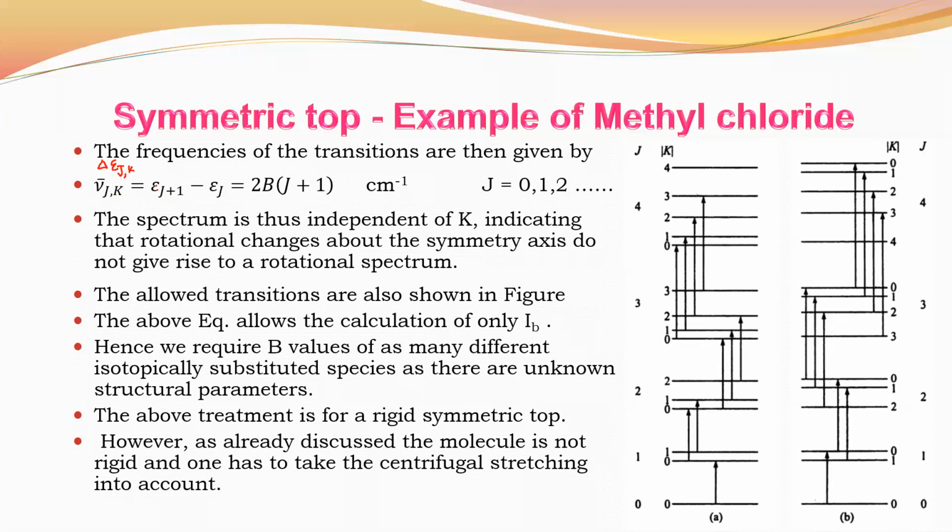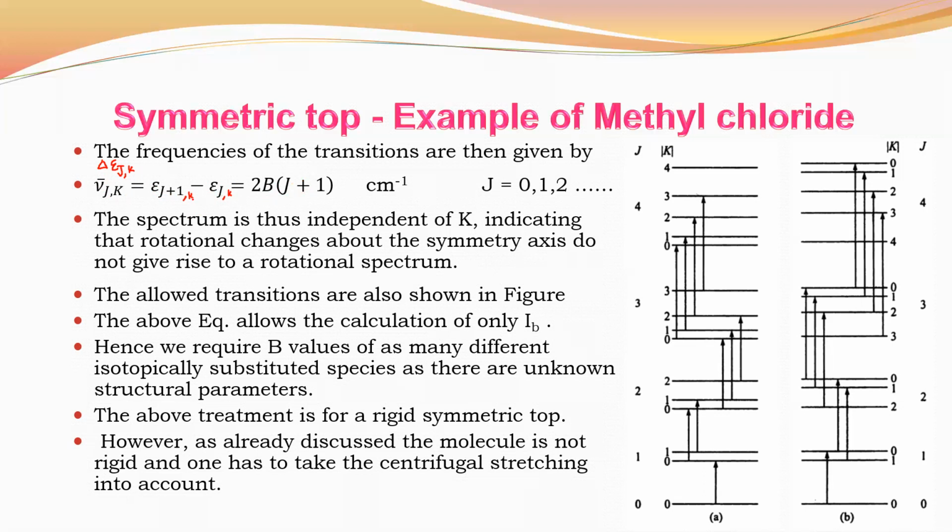It is a difference, epsilon J plus 1. Here there must be a K, but it is not written here because, for any molecule, it may be oblate or prolate, that term vanishes because it only depends on K, isn't it?